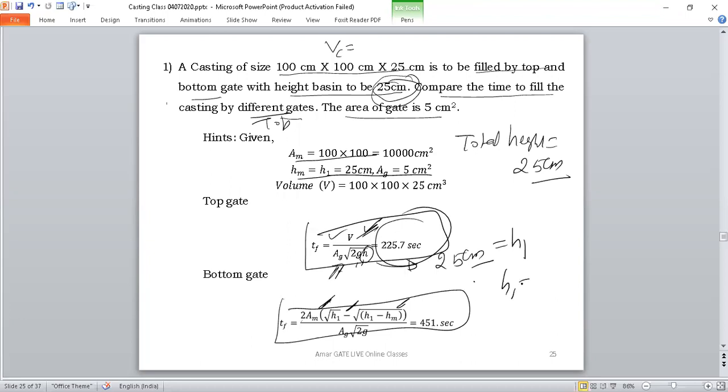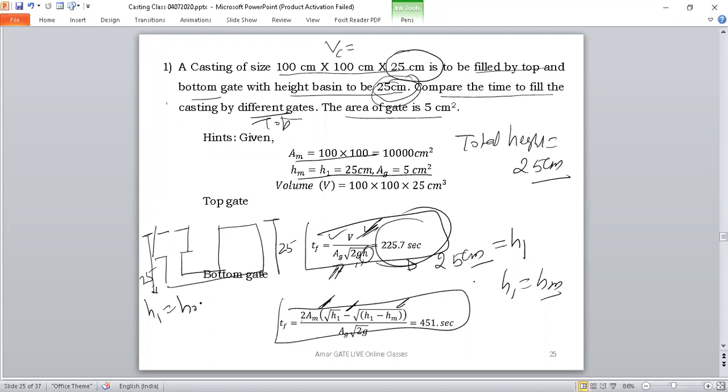Here H1 is equal to Hm, because this is also 25 centimeters. This is 25 and this is also 25.